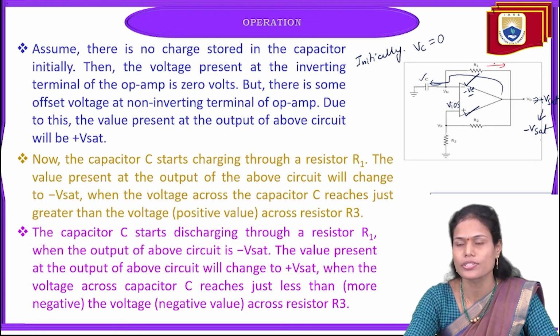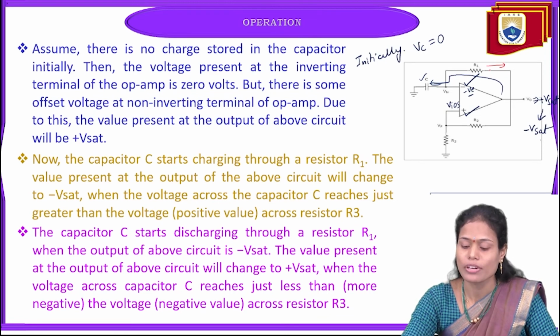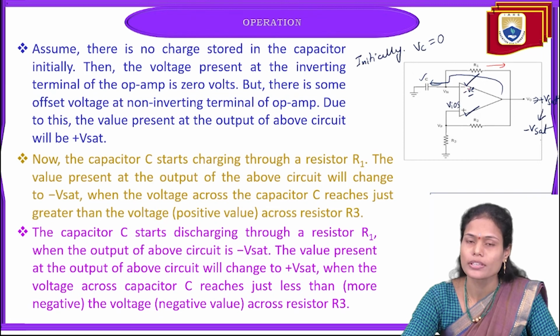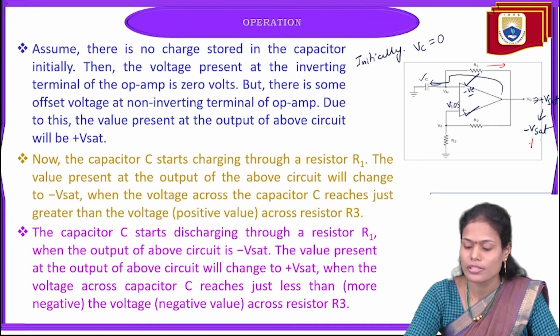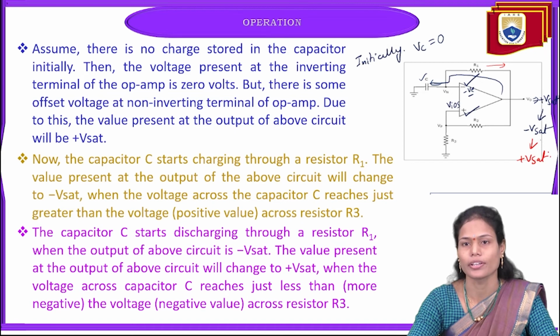Once the capacitor starts discharging, the voltage present at the inverting terminal is reduced. So now the voltage at the inverting terminal is less compared to the non-inverting terminal, and the output will change again to plus Vsat.